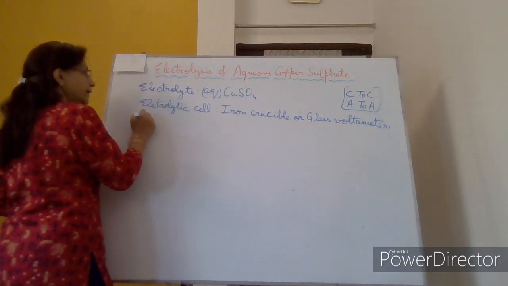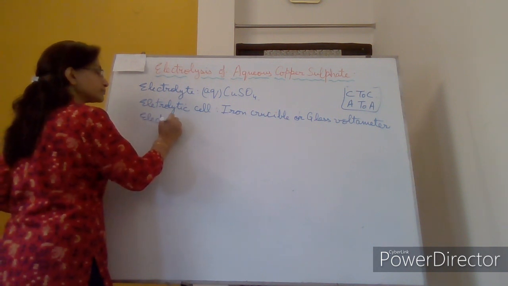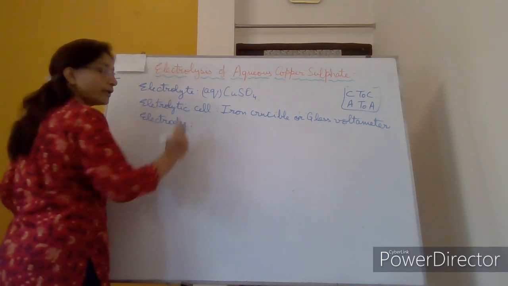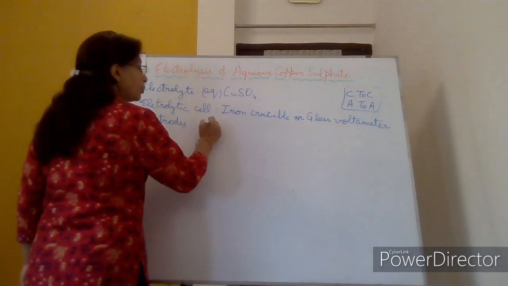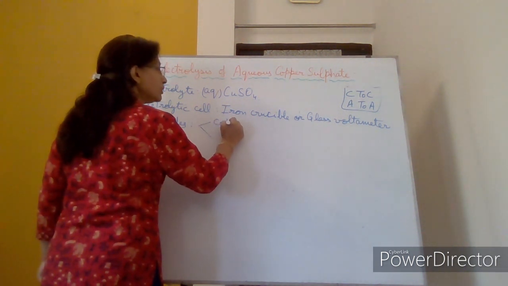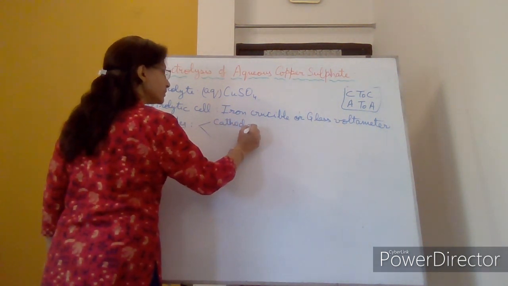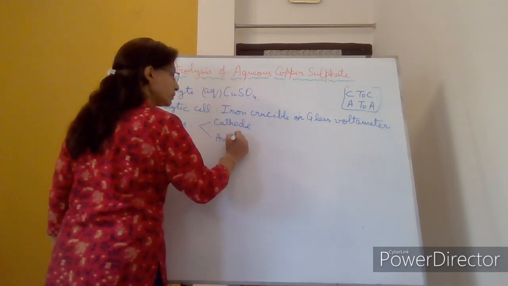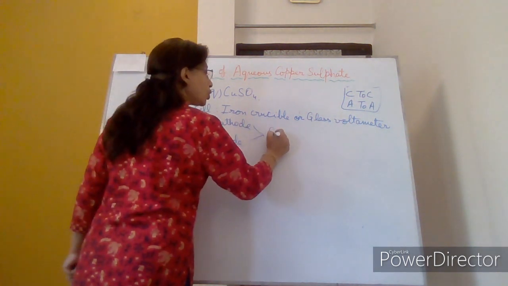Then the electrodes. Here we are going to use copper as both the cathode as well as the anode.